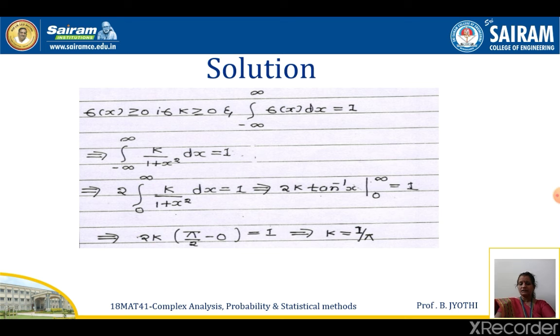The integral of 1 by 1 plus x square is tan inverse x. So we get 2k tan inverse x, where the upper limit is infinity and the lower limit is 0.